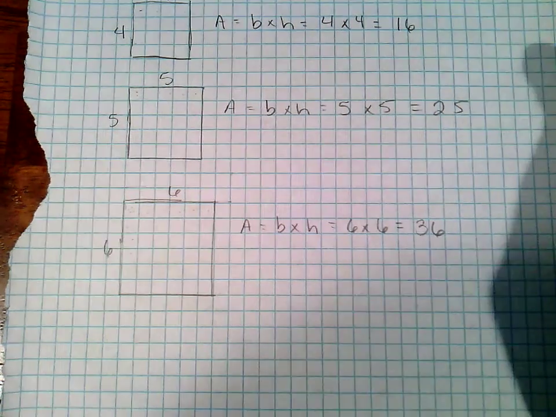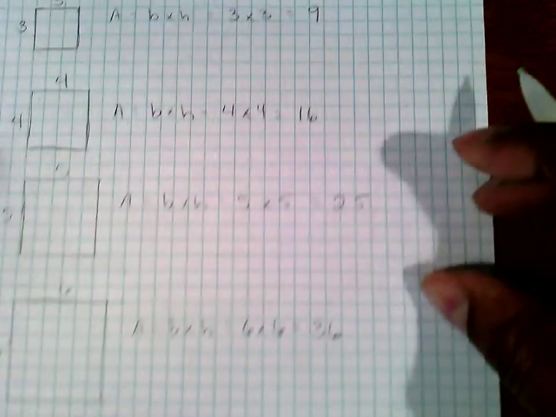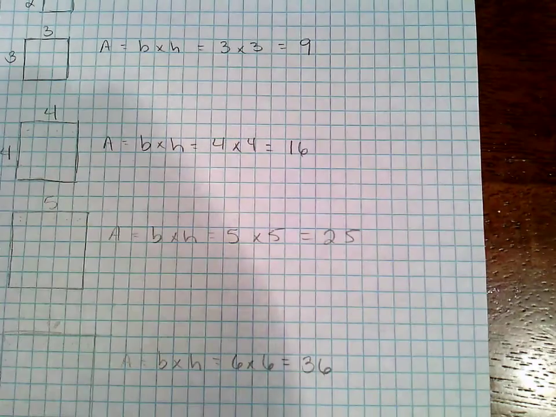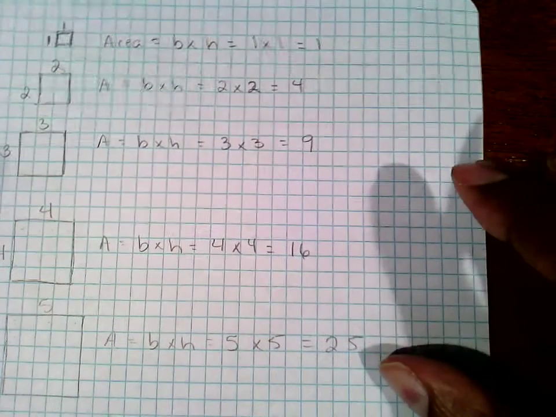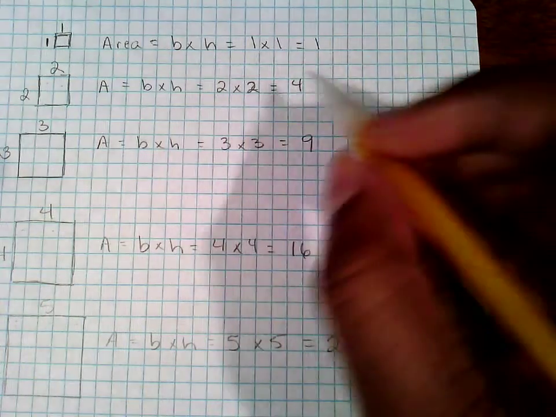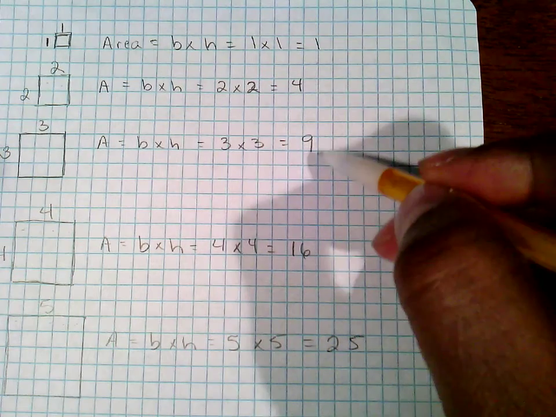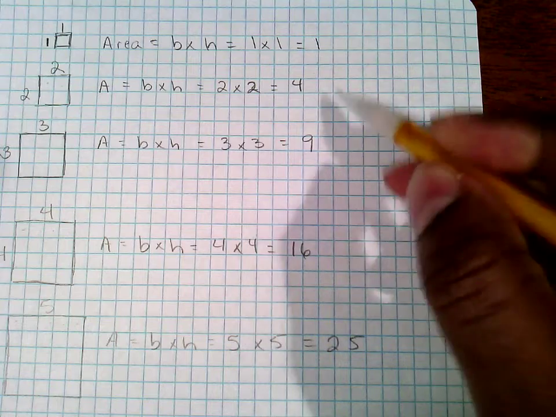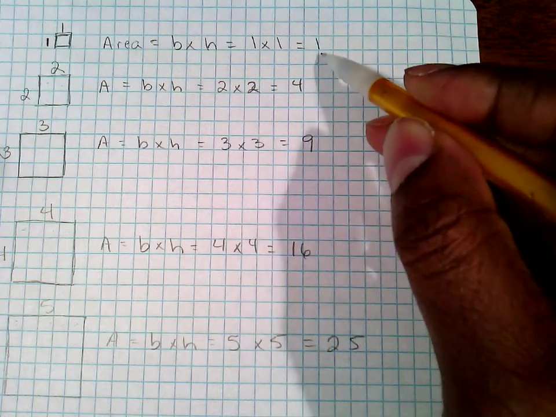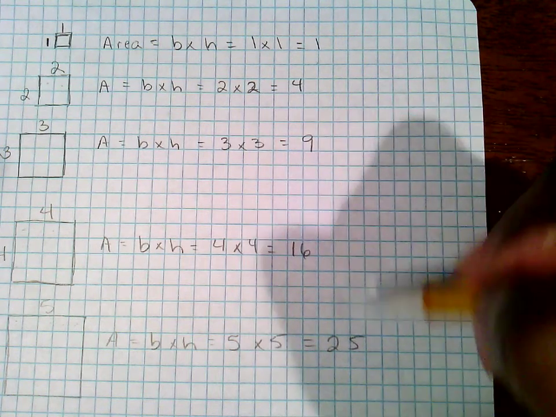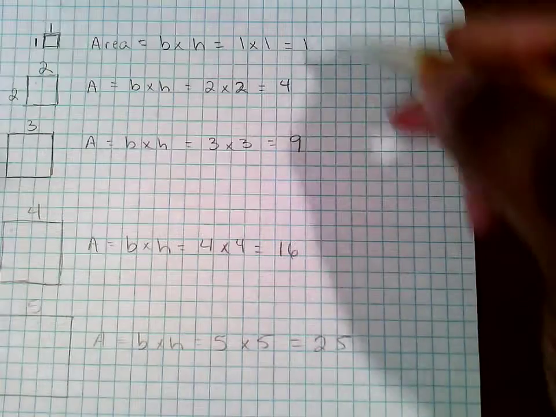So let's see exactly what we have here when we're talking about squaring a number. We take a look at 1 times 1 being 1. All of our results: we have 1, 4, 9, 16, 25, and 36.